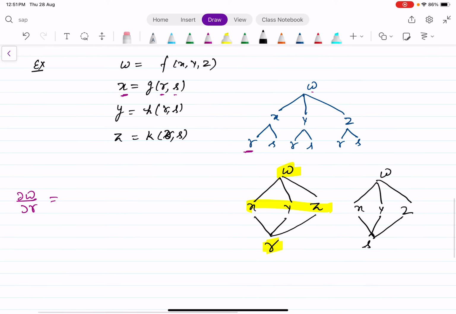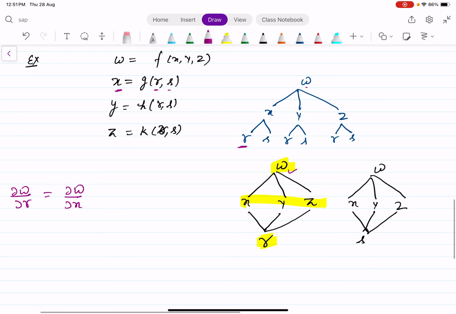So ∂W/∂R will be what? Since W is a function of x, y, z, and x, y, z are functions of R and S, two variables, the derivative with respect to R is partial. So it is ∂W/∂x times ∂x/∂R, ∂W/∂y times ∂y/∂R, and ∂W/∂z times ∂z/∂R.